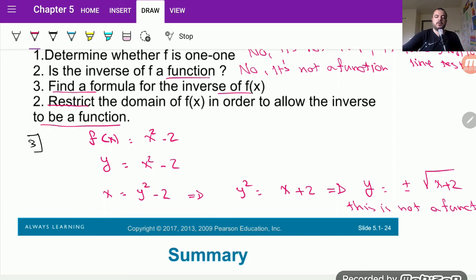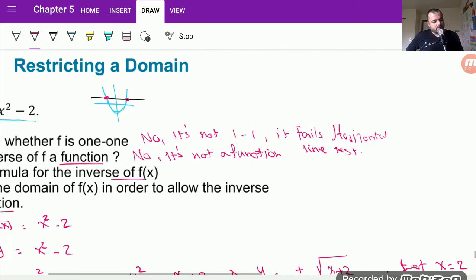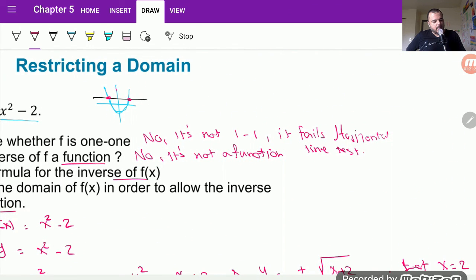Now we are going to restrict the domain. How are we going to restrict the domain? From the graph of the function, as I said, you can just choose only the right hand side part, and ignore the left hand side part.